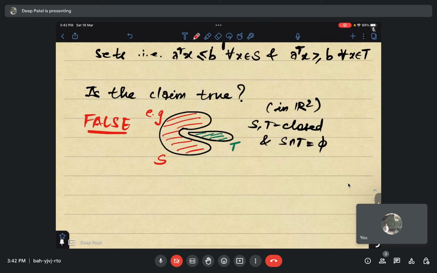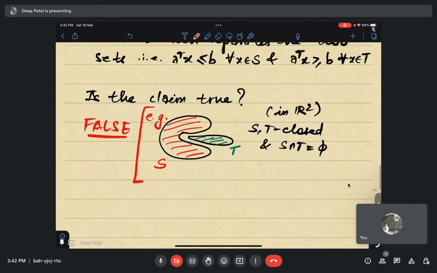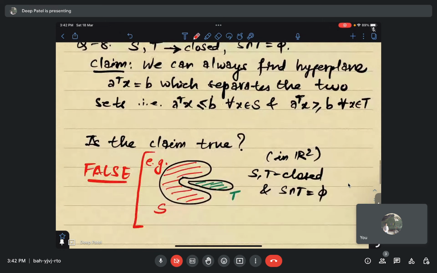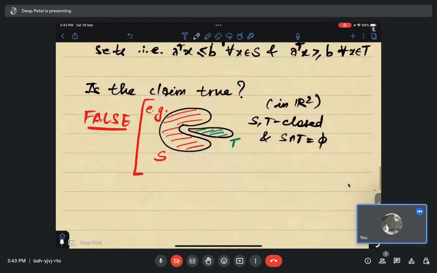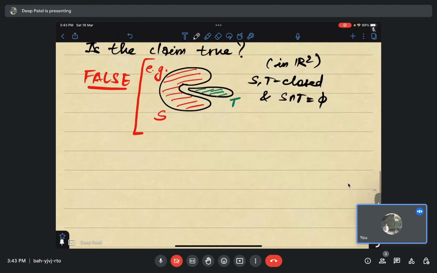So Deep, one question: where to find the proof of the separating hyperplane theorem? Is it there in Boyd? They have it for one case; I think the general case they have put as an exercise. Oh, they have done a slightly simpler case, and for the generalized version they have given some hints, if I recall correctly.